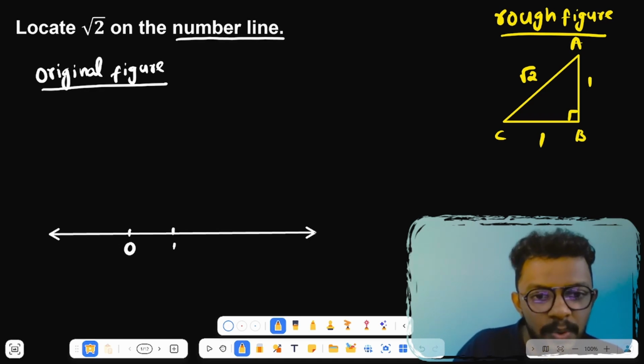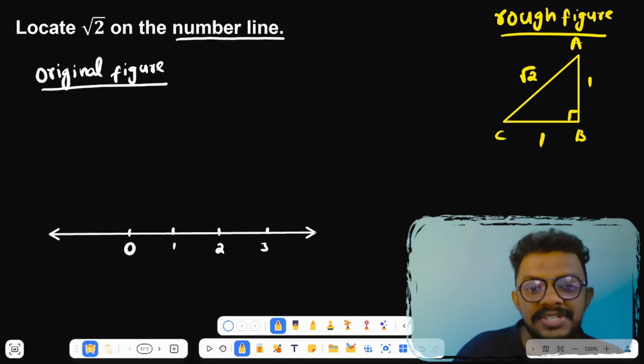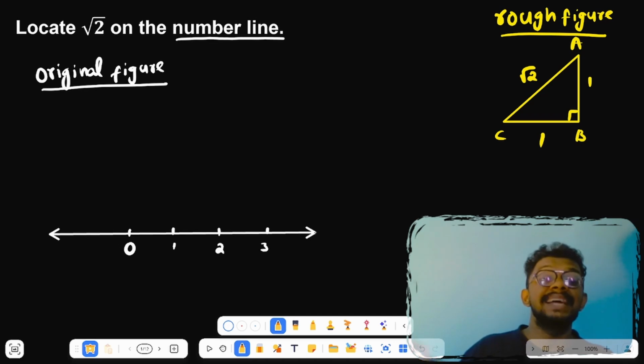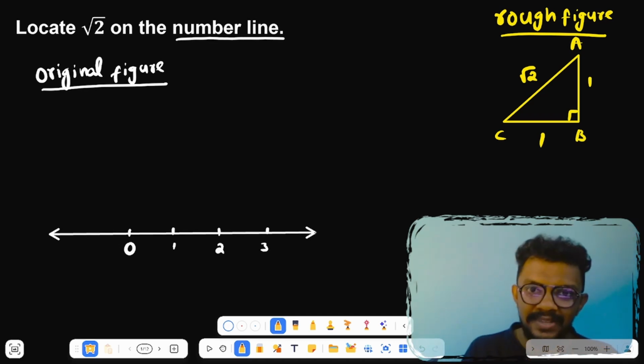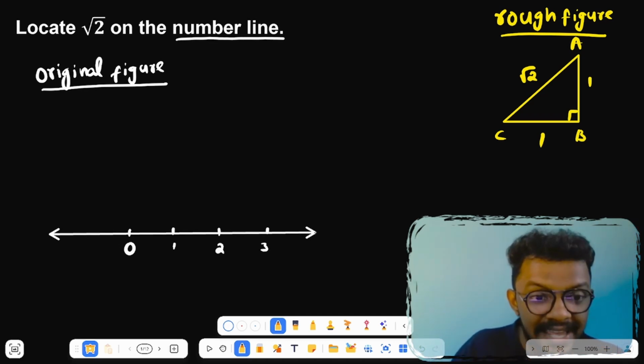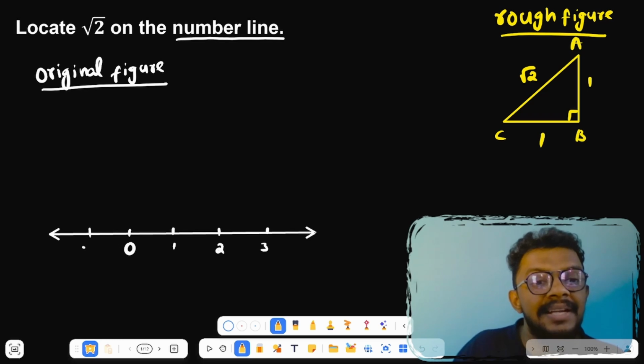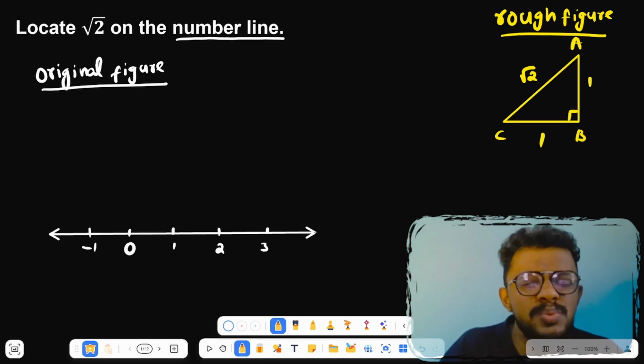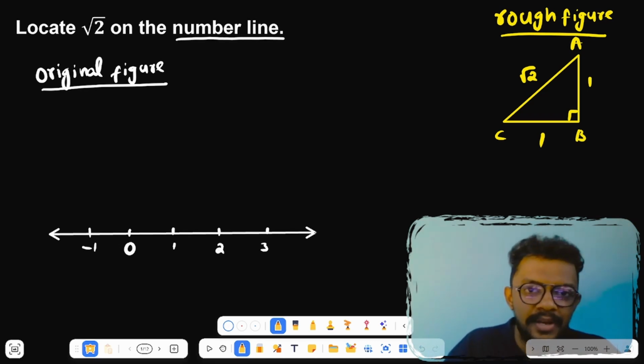The same unit I will mark to 2, 3, 4, and so on, going right toward infinity. This arrow symbol represents that it is never ending to the right. What about the left side? With the same unit, if I move to the left side, I will get minus 1, minus 2, minus 3, moving on to negative infinity. This is what a number line is.